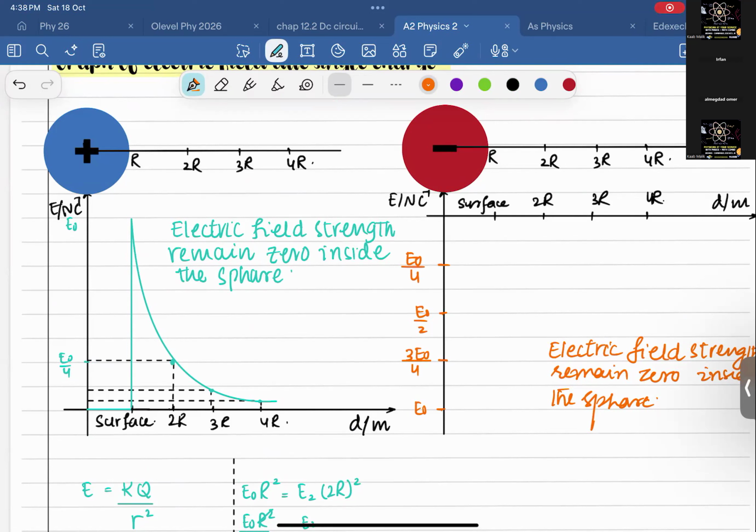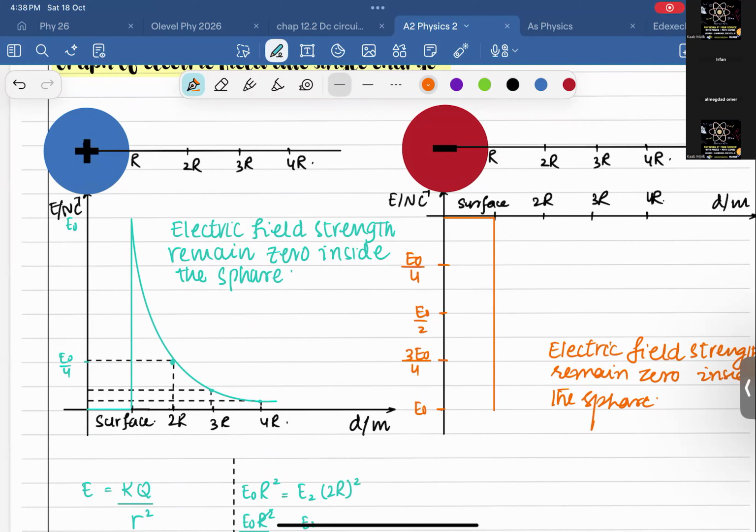Now, if we try to plot the graph, the first point is going to be from the surface to the radius, and this is the first concept, where you have the maximum electric field at the surface of the sphere.